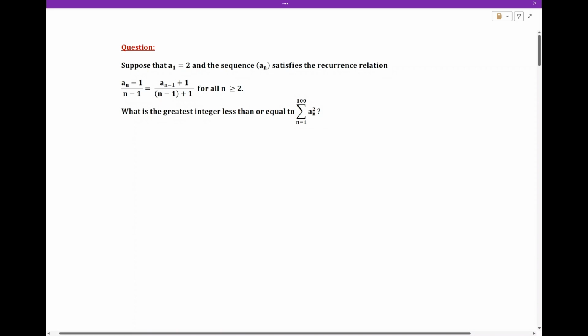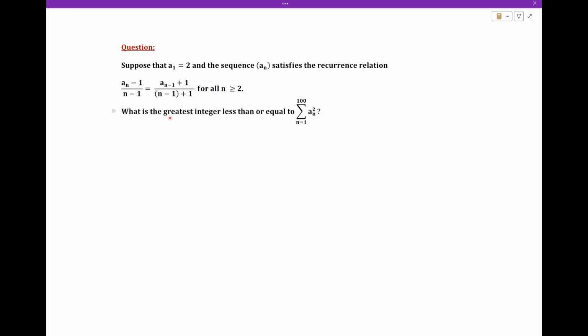Suppose that a1 is equal to 2 and the sequence an satisfies the recurrence relation (a subscript n minus 1) divided by (n minus 1) is equal to (a subscript n minus 1 plus 1) divided by (n minus 1 plus 1), and that is valid for all n greater than or equal to 2.